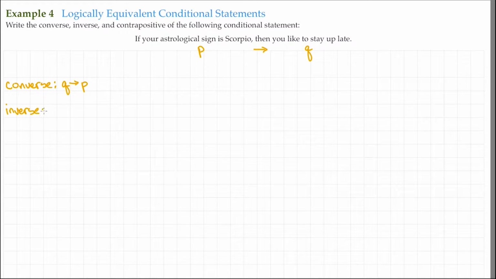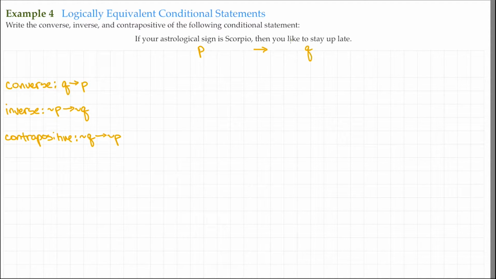It inverts the results. What is true is false and vice versa. So this is if not P, then not Q. And then the third related statement is the contrapositive. And that states, if not Q, then not P.